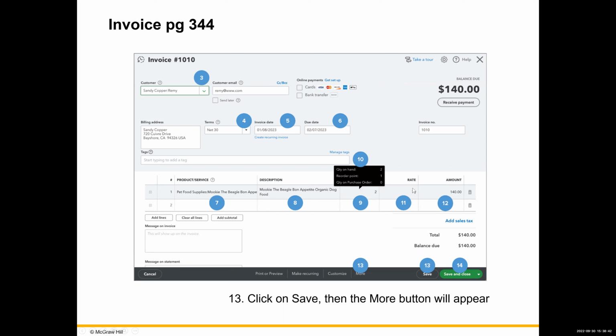So that'll come up automatically. And then QuickBooks, based upon what you put in here as quantity, will multiply it by the rate and give the amount of $140. So notice here that the balance due on this invoice is $140.